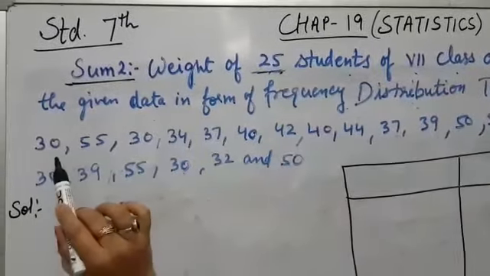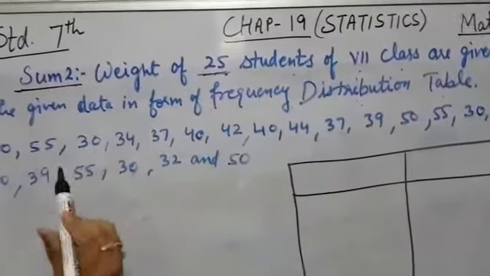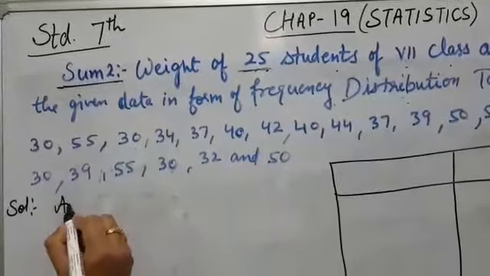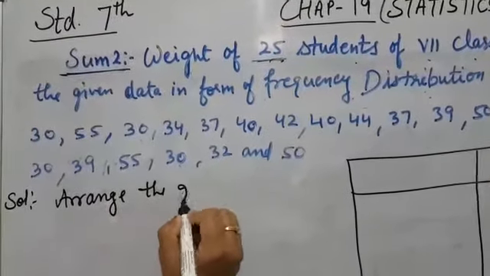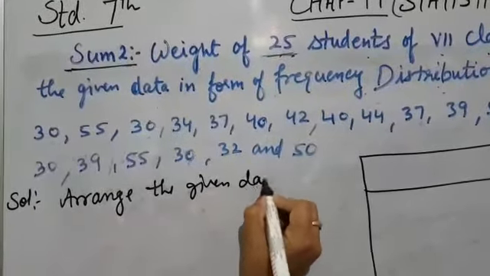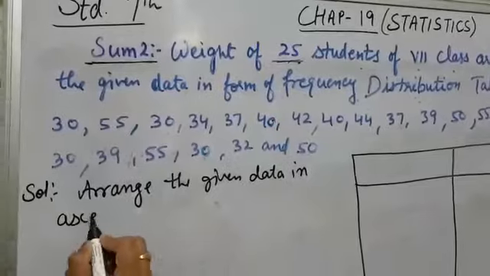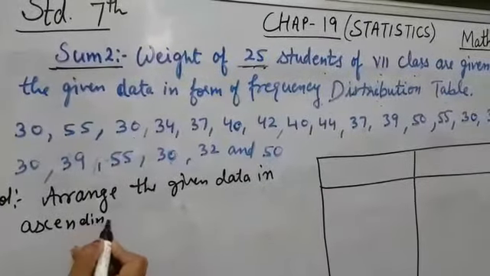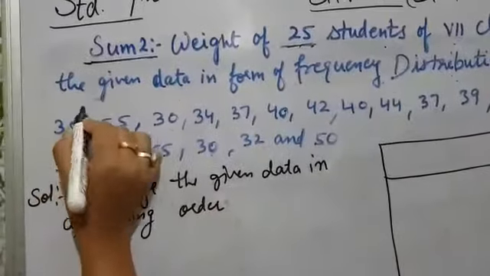As you can see, many numbers are repeating here. So first of all, we will arrange the given data in ascending order. The first one is the smallest one.